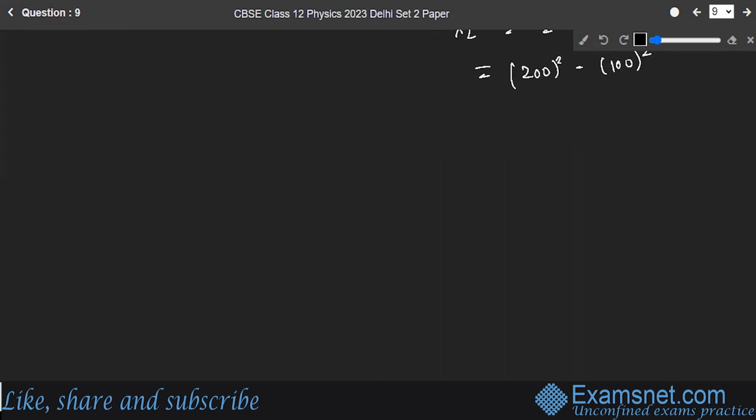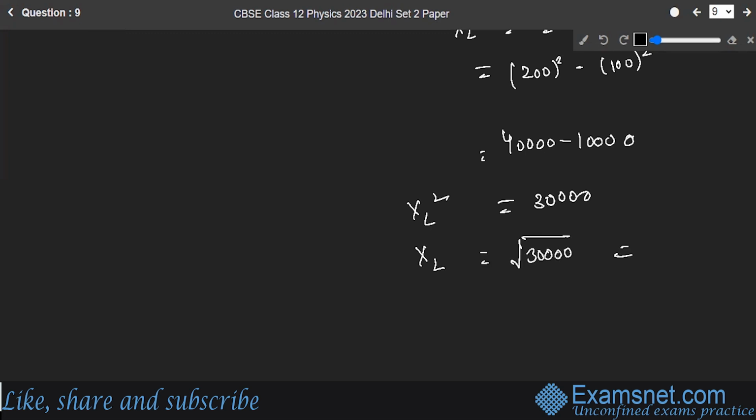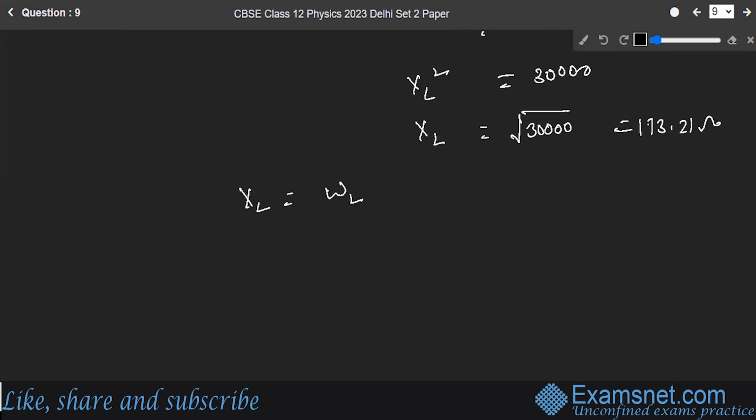That makes 40,000 minus 10,000, that is equal to 30,000. So XL square is 30,000. So XL will be the root of 30,000, which on solution will give you 173.21 ohms.